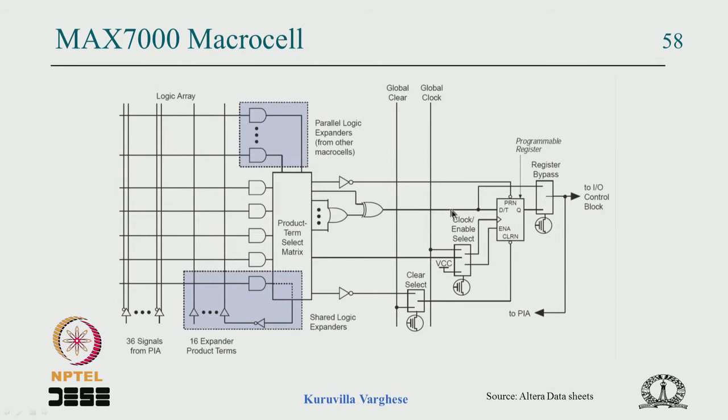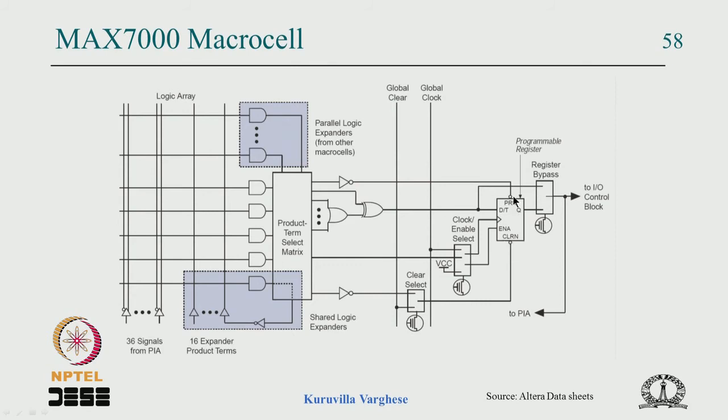If you choose this path, then you are not registering the output, you are taking it directly. So if you want to implement some combinational circuit without a register, then you can use this path. The tool will choose this path, and you can see that this flip flop can be used as a D flip flop or a T flip flop. So if you have counter applications, you can program it as a T flip flop.